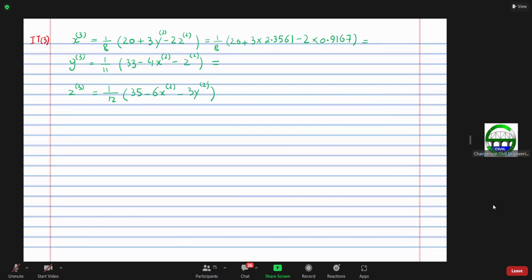Okay, so in here 1 over 11 and the value is 33 minus 4 into 2.8958, right? And plus the value of z, 0.916.